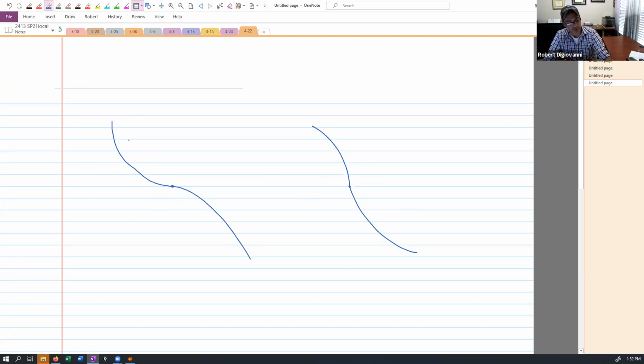This is concave up, switching to concave down. So it's kind of like where the corner of the smile meets the frown right there. And then this one is concave down, meeting up with concave up right there. The frown becomes the smile. It's a weird transition point.